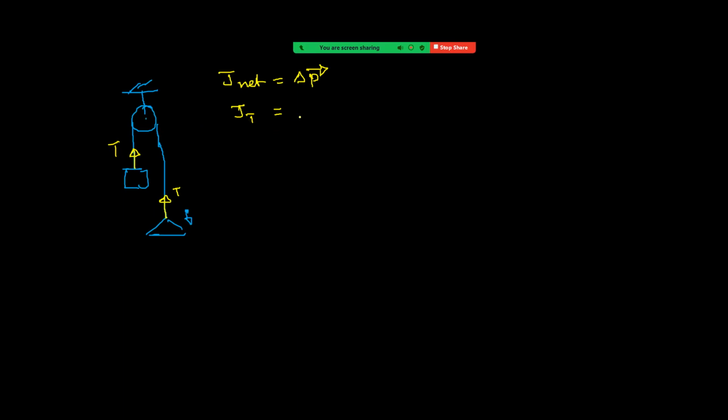So I can write this is equal to the change in its momentum. Suppose the final velocity is v dash, and for the pan also the velocity is v dash. Therefore, final momentum is m into v dash, initial value 0. So net impulse equals change in momentum, because tension is now the net force.